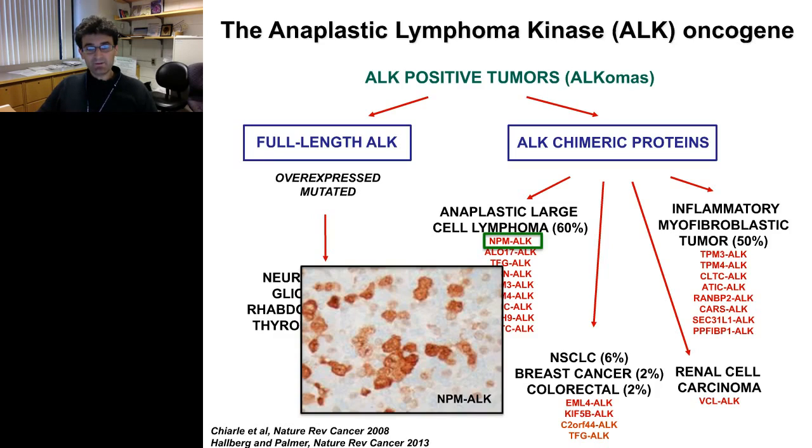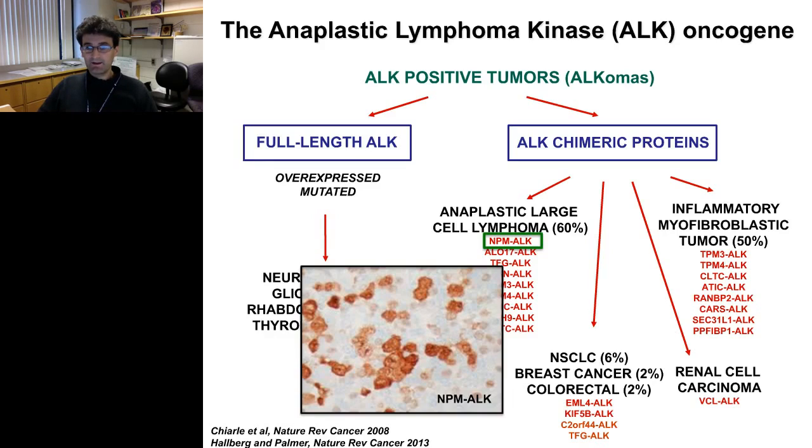Instead, after chromosomal translocation, the expression of ALK, which is only the cytoplasmic domain, is driven by a different promoter, NPM in this case, and the result is a strong overexpression of the fusion protein that can be detected by antibody against ALK. And you see that after the discovery of anaplastic large cell lymphoma as the first tumor to have ALK translocation, several other tumors were demonstrated to carry similar translocations.